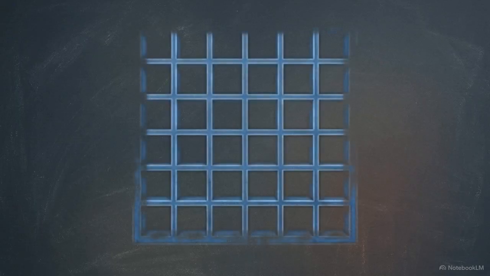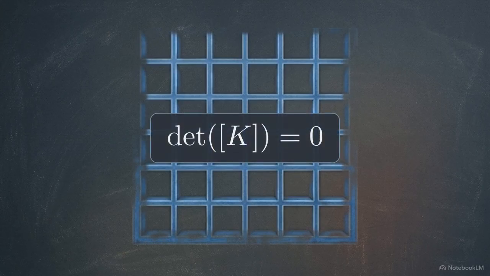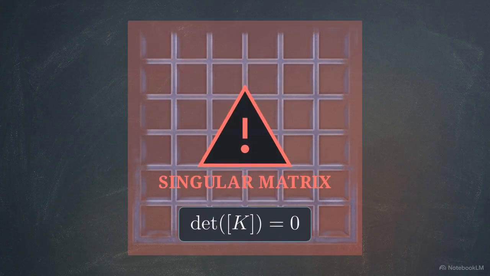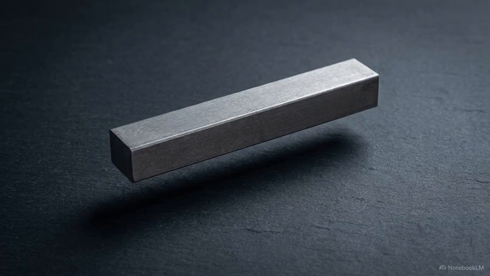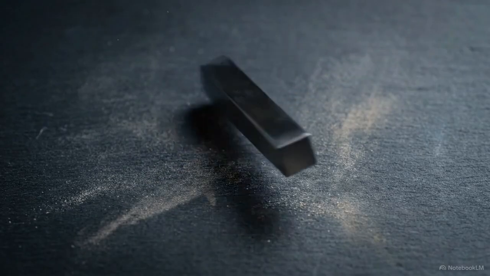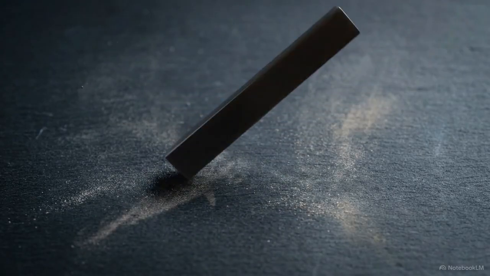Even with the system fully assembled, we encounter a fundamental algebraic obstacle. If we attempt to solve the matrix as it stands, we find its determinant evaluates to 0. This means the matrix is singular and cannot be inverted. Physically, this is because the structure is currently unanchored. If we apply any force, the entire bar will simply float through space in what is known as rigid body motion.